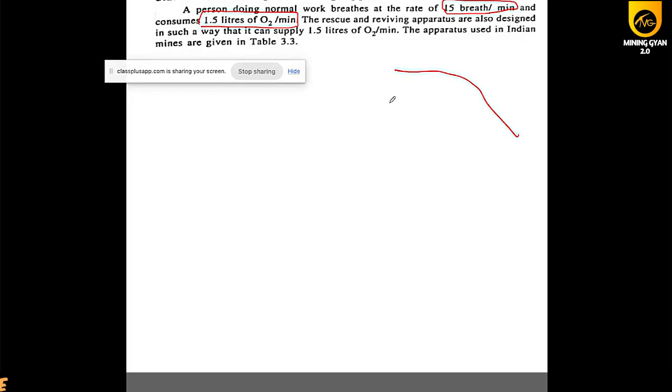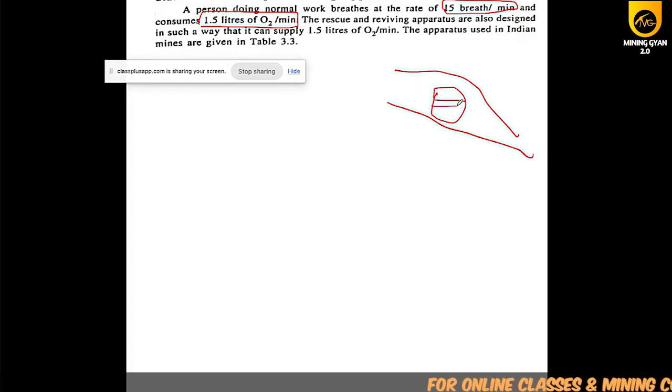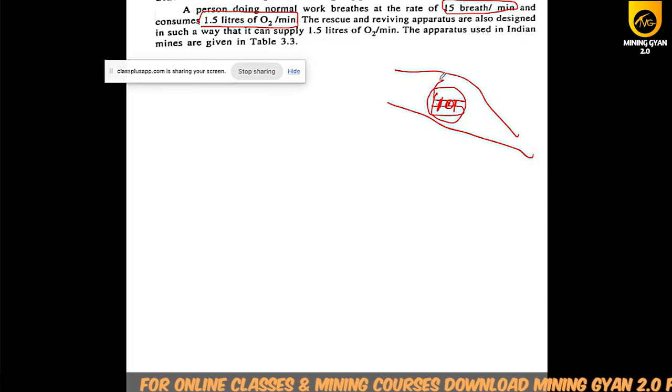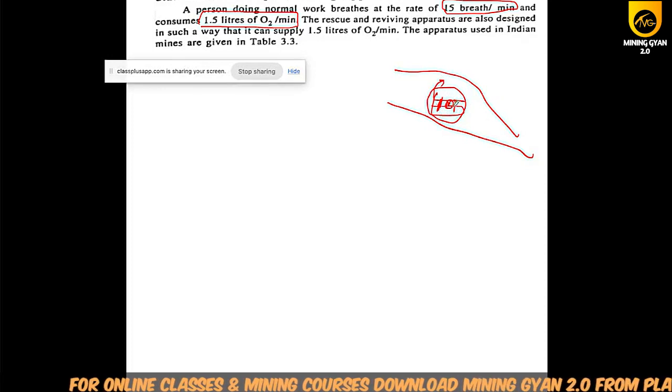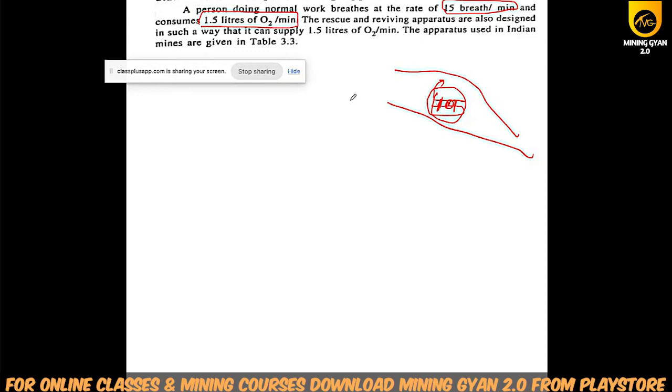But sometimes, suppose this is your phase and your working is going on here in this district. So if a roof fall happens, the one sided roof collapses and you have to travel more, and your ventilation is disturbed, then these apparatus help you to rescue from the place.